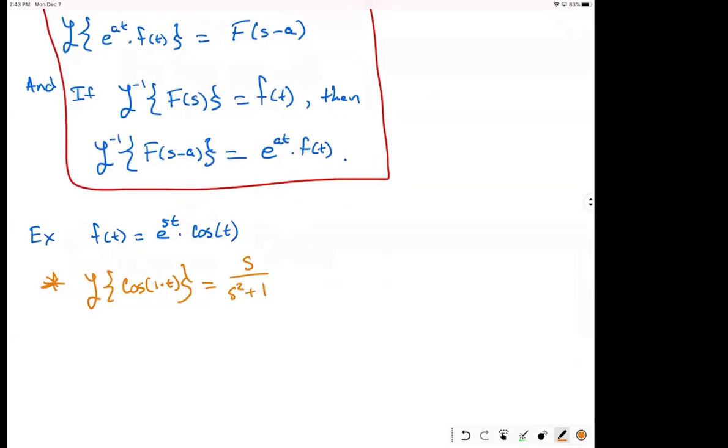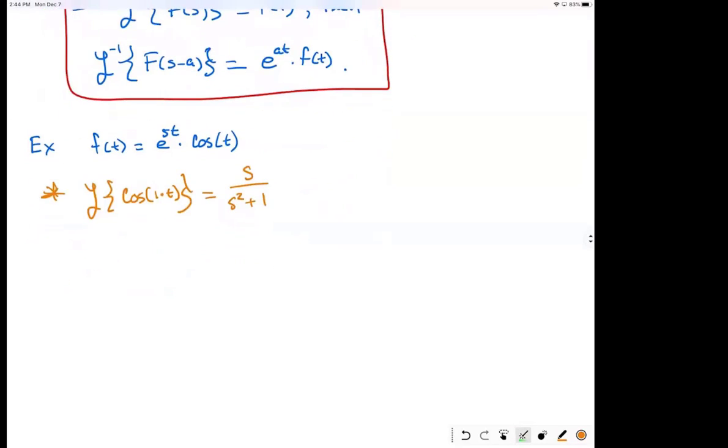And on your table, that would be number 7. So cosine of a times t, when I take the transform, is equal to s divided by s squared plus a squared, and that's number 7 on your table. So in this case, that a, or k, is equal to 1, so we put 1 squared. So that's that part of the transform. That's what I find first.